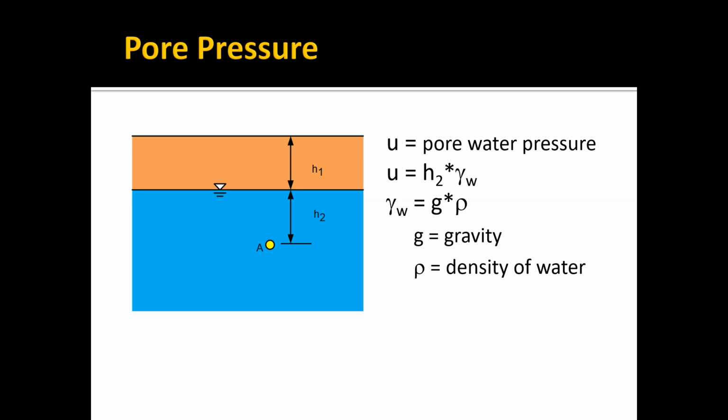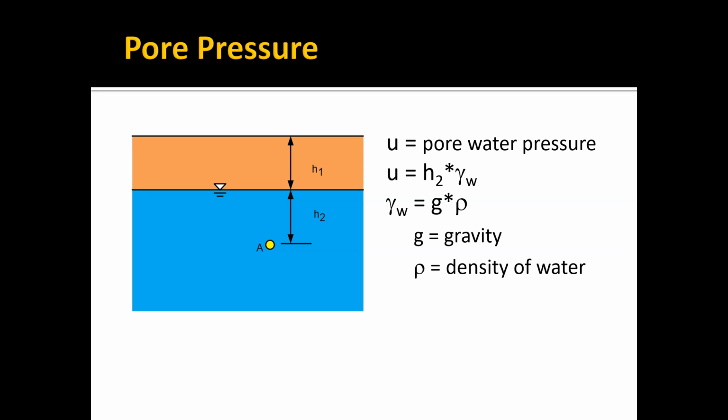So the water table is at a depth of H1. Point A is at a depth of H2 below the water table. The pore water pressure is equal to that distance H2 times the unit weight of water. The unit weight, as you may recall, is equal to gravity times the density.